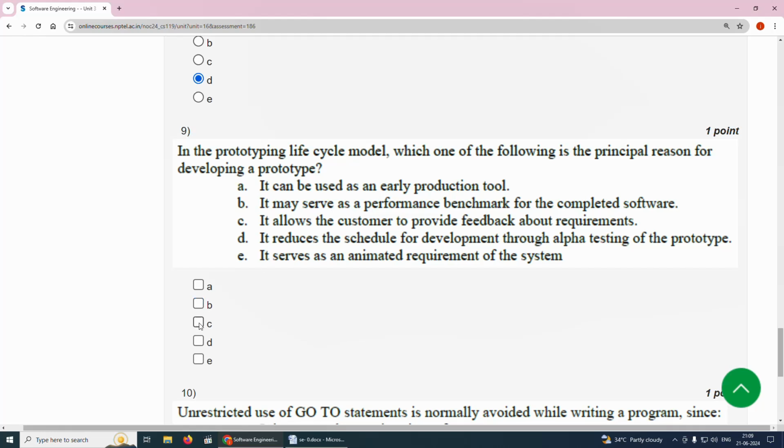Option C, it allows the customer to provide feedback about requirements, and option E, it serves as an animated requirement of the system.